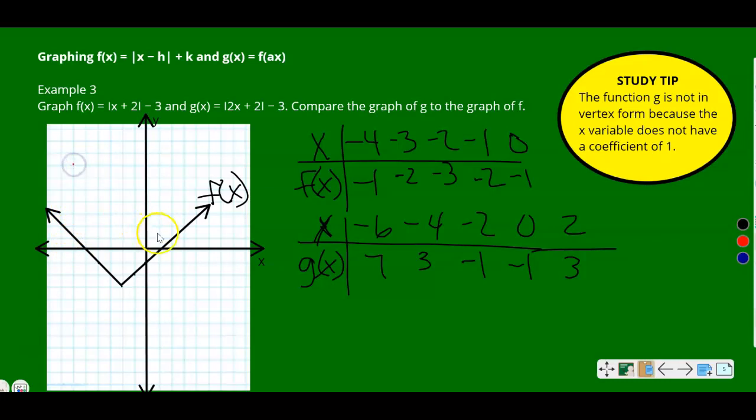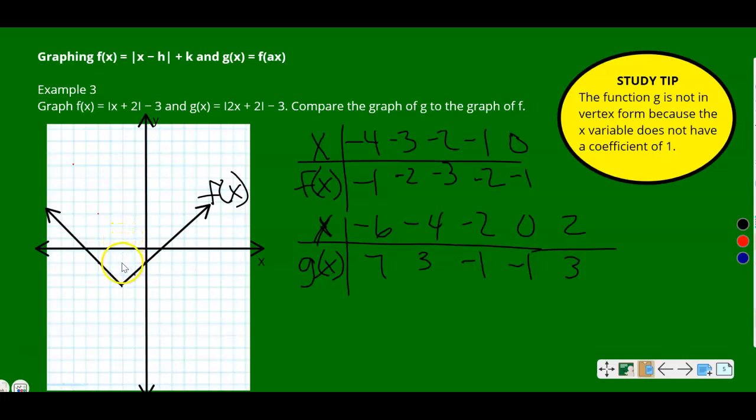All right, I think that's right. Let me count it one more time. 2, 4, 6. 2, 4, 6, 7. Okay, so that's my negative 6, 7. Negative 4, 3. And then negative 2.